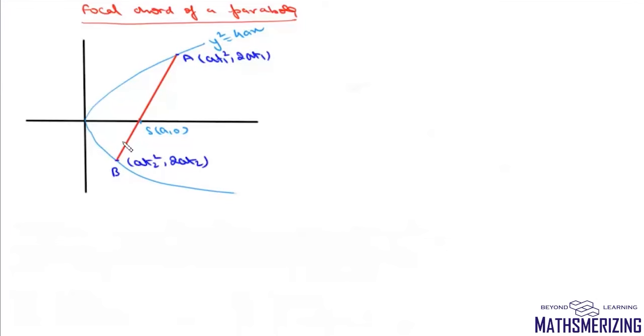So we can write the equation of any general chord of a parabola. The equation of any general chord of a parabola is given by (t1 plus t2) y equals 2x plus 2a t1 t2.